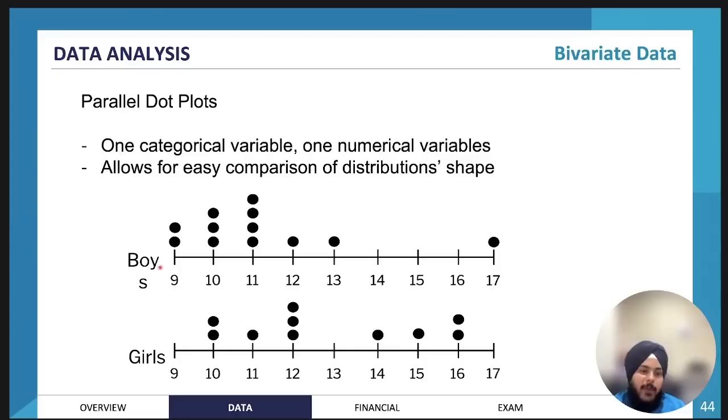Let's just say we're trying to compare the number of hours spent by students doing their homework over the week for a particular subject. We're going to look at boys and girls separately, and then we can compare. On average, girls spend more time doing their homework over the week as opposed to boys. This is what parallel box plots are really good for.